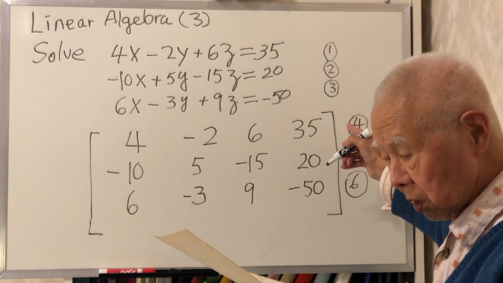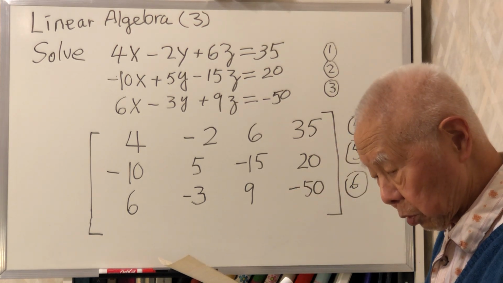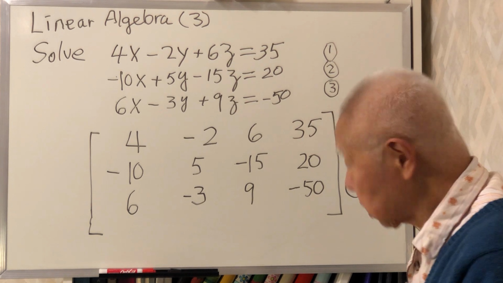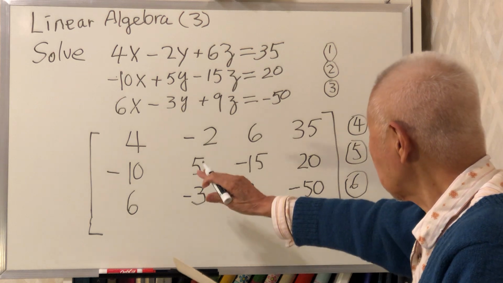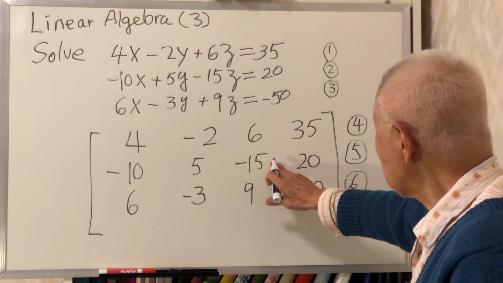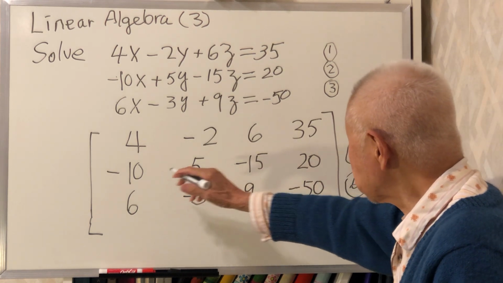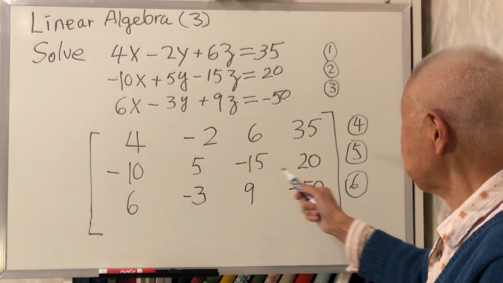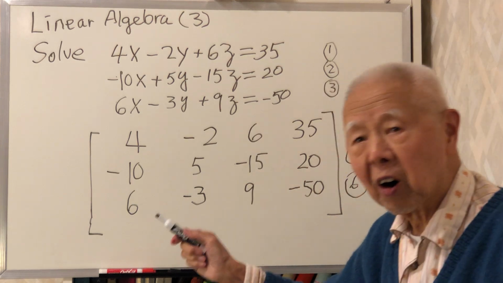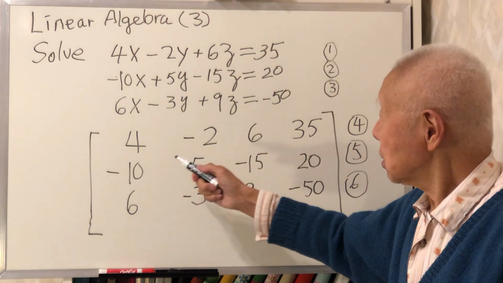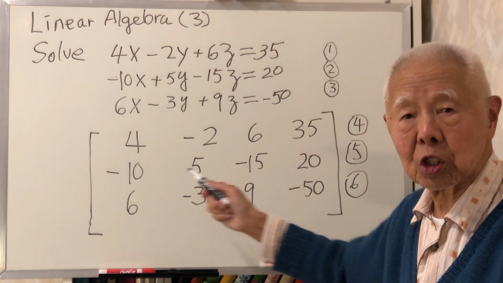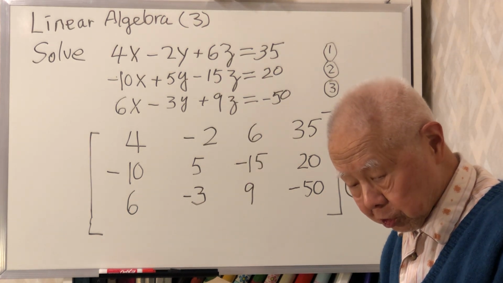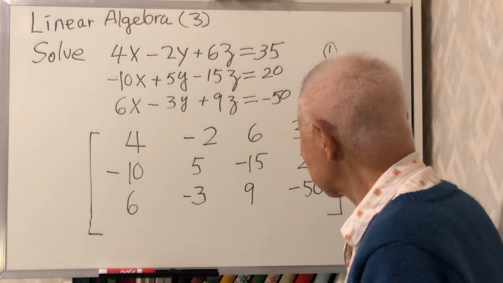Equation 4, equation 5, equation 6. Look, this equation has a common factor 5. Therefore, I can divide this line, this row, by 5. Let's do that.